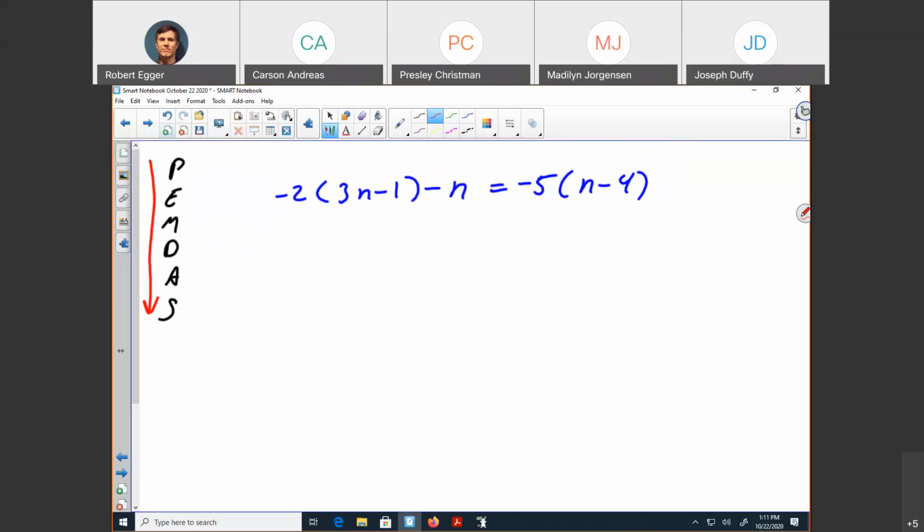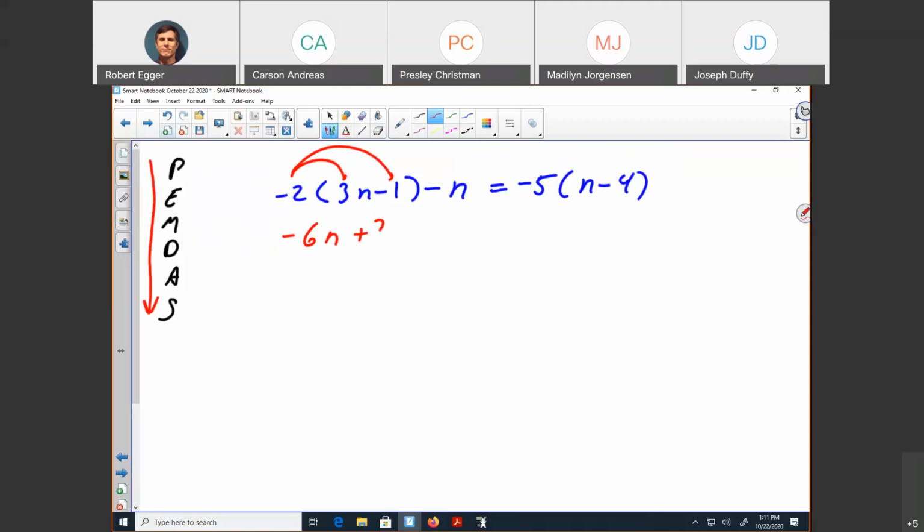What I can do is distribute minus 2 to the inside. Of course, we do that. Minus 2 times 3n, well, 2 times 3 is 6, so minus 6n. Minus 2 times minus 1, or negative 2 times minus 1: 2 minuses make a plus.